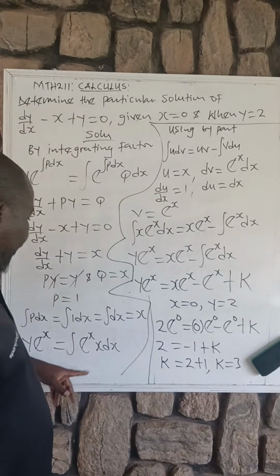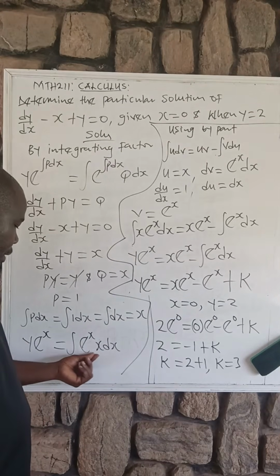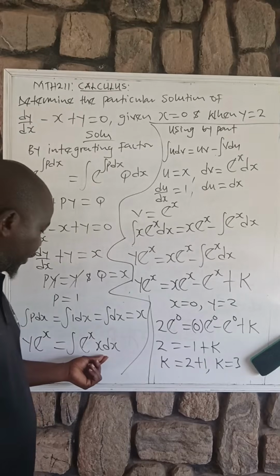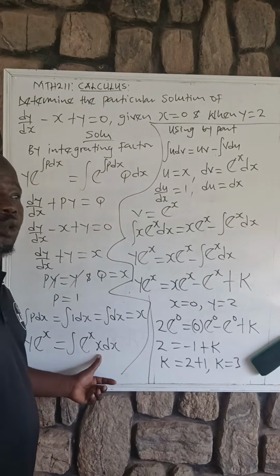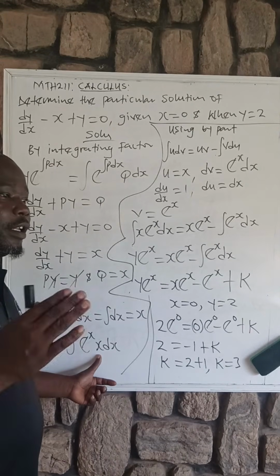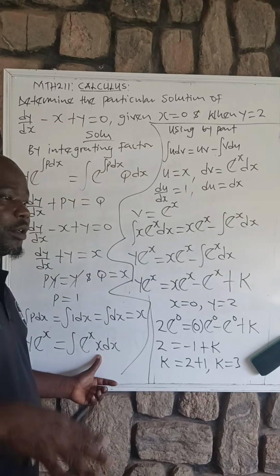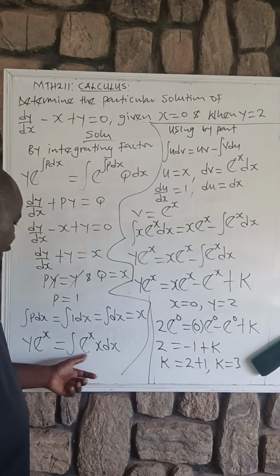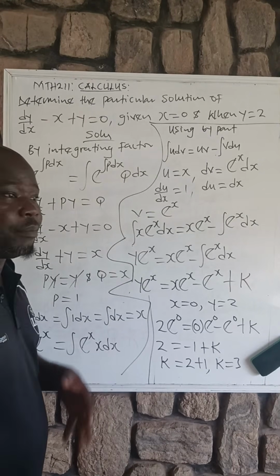I said at this point, we have 2 functions here. As long as integration is concerned, if you have 2 functions, the first thing you should think of is the rule you are going to apply, the method you are going to use in integrating this type of function, which is what we call integration by parts.